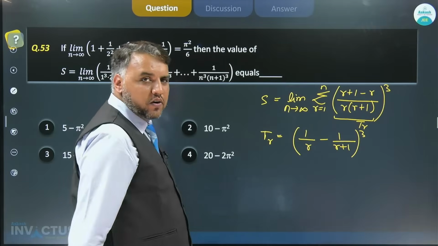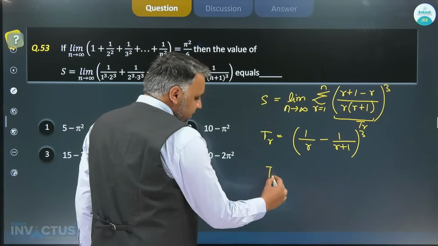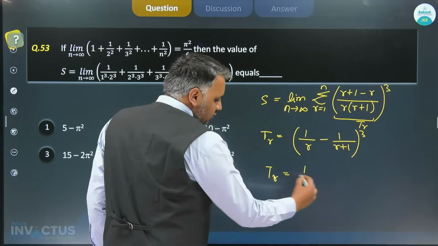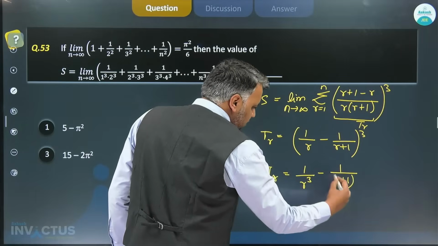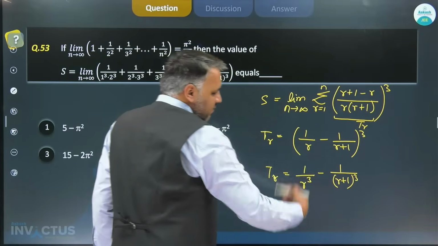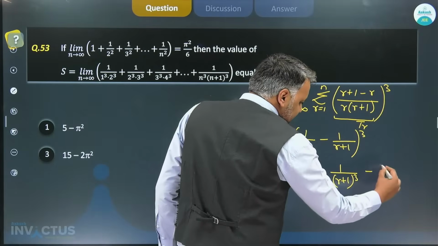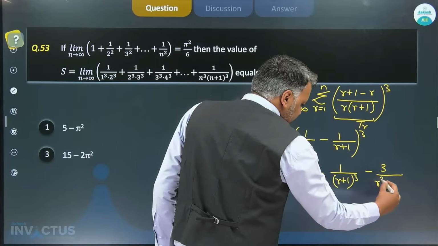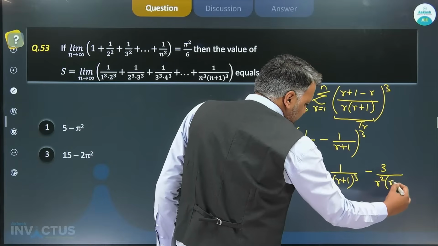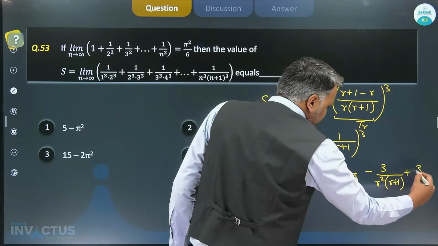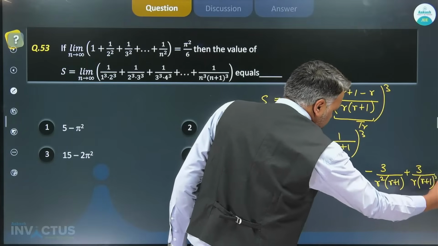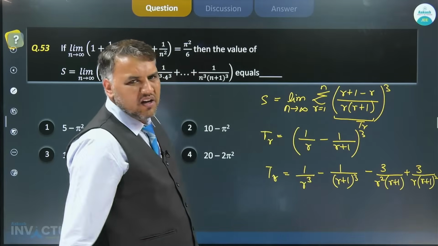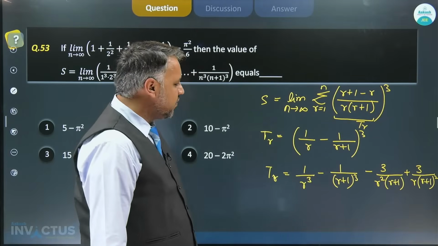Now a minus b whole cube, apply this, just expand this. So tr will be 1 by r cube minus 1 by r plus 1 whole cube, and the remaining portion will be minus 3 upon r square into r plus 1 and plus 3 upon r plus 1 whole square. A minus b whole cube simply.